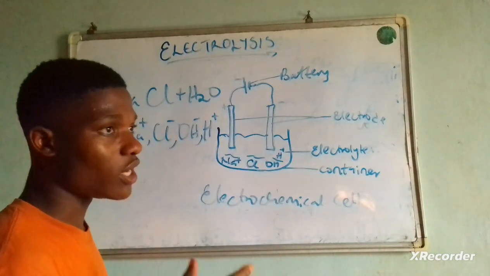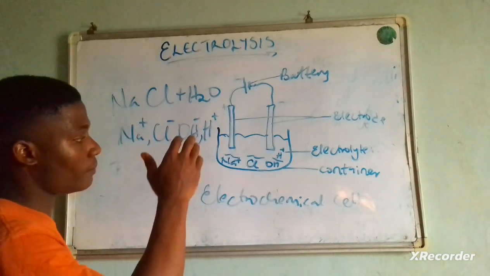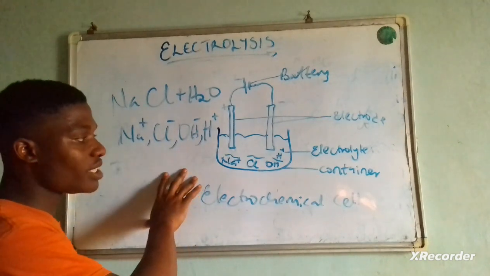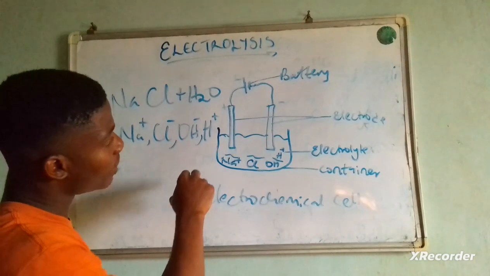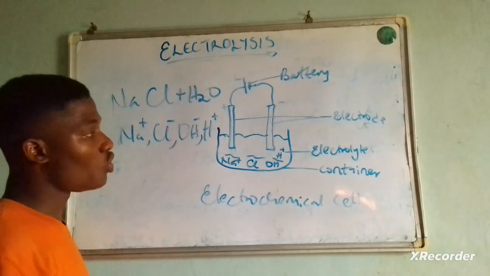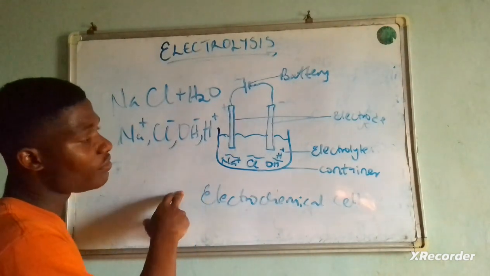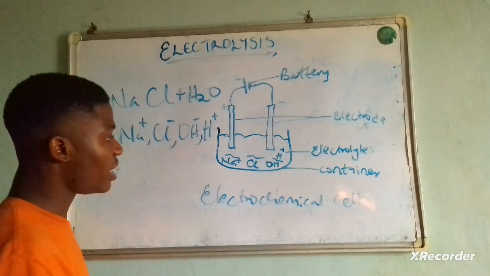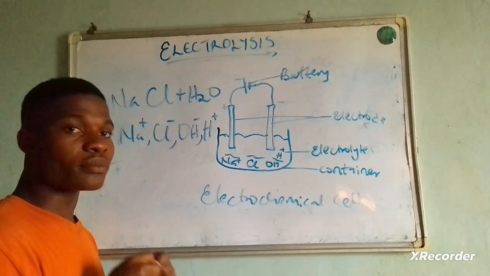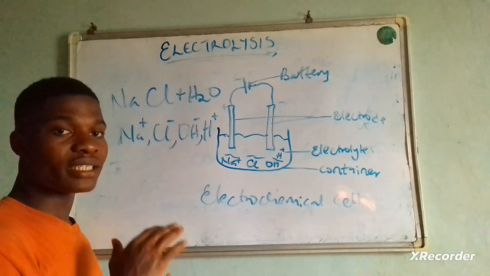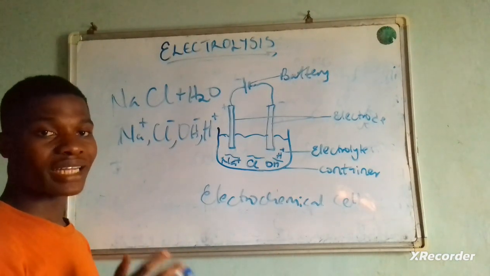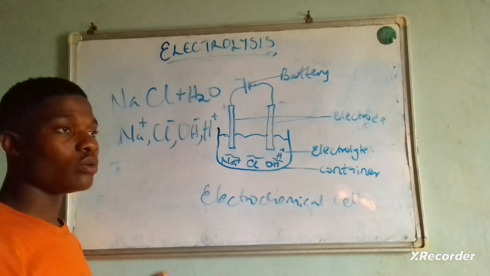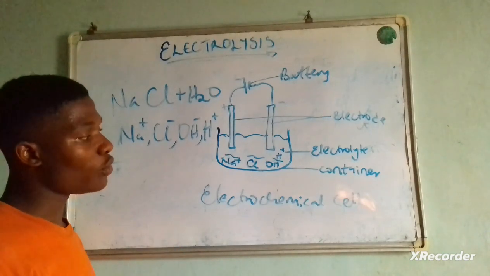Now I also want to tell you that the positive ions, which are the cations, will move to the cathode. You already know that positive and positive don't attract, rather they repel. So positive and negative will always go together.